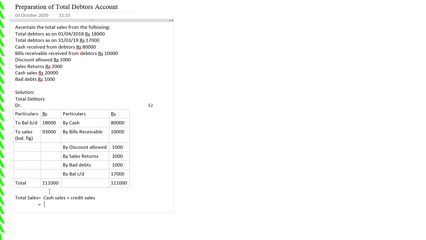So the cash sales are given as rupees 20,000 plus the credit sales, just now we have found 93,000. So which is equals to rupees 1,13,000.